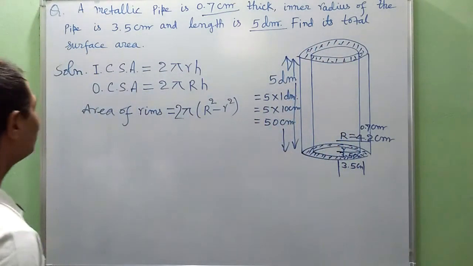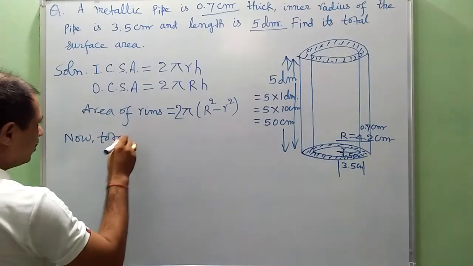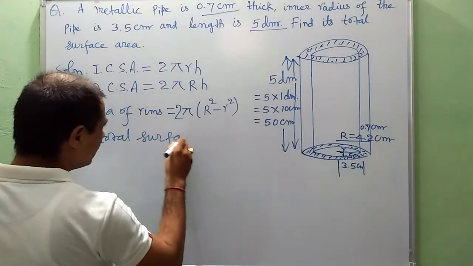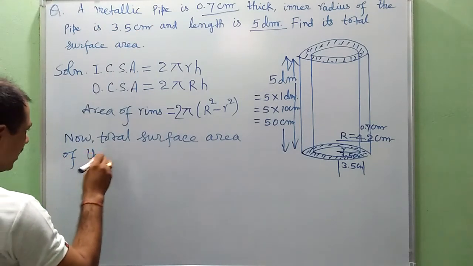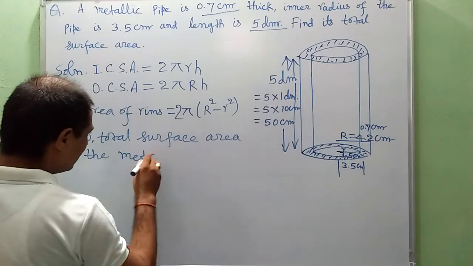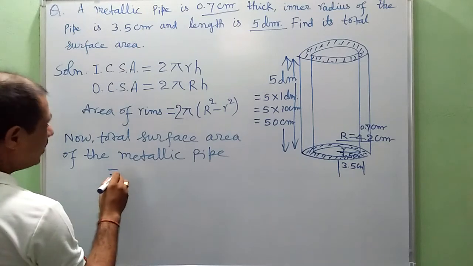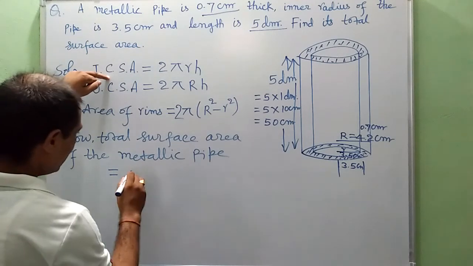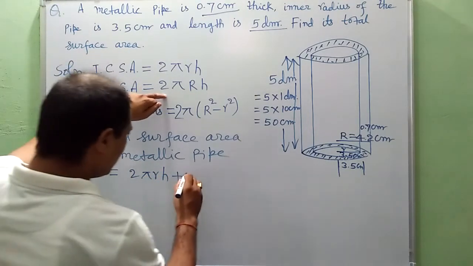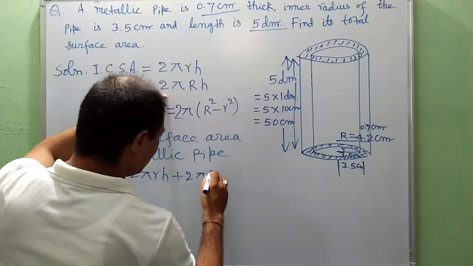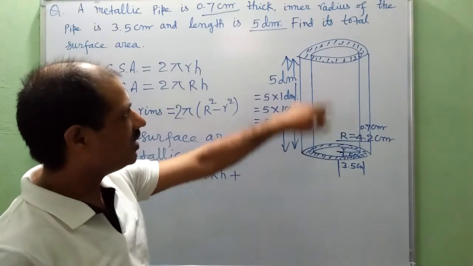Now we have to add it. Total surface area of the metallic pipe is equal to inner curved surface area, that is 2 pi r h, plus outer curved surface area, that is 2 pi R h, plus area of rims, area of base and area of top.